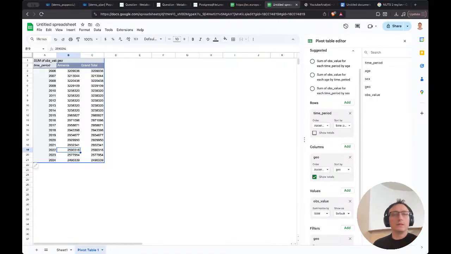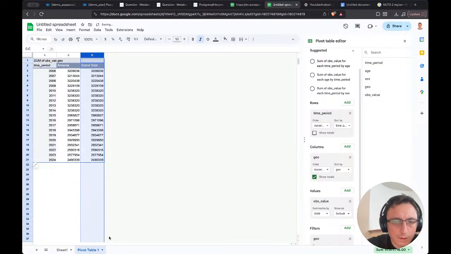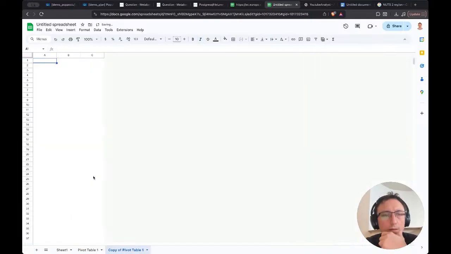It is probably also a bit different because within a country we don't have data about a specific year. Otherwise, I don't understand why there is this gap. So let's duplicate this one.